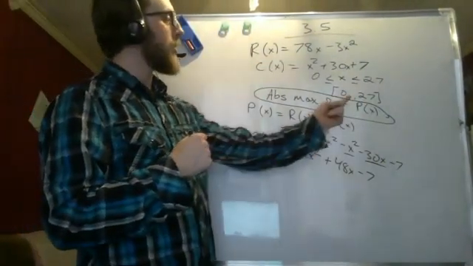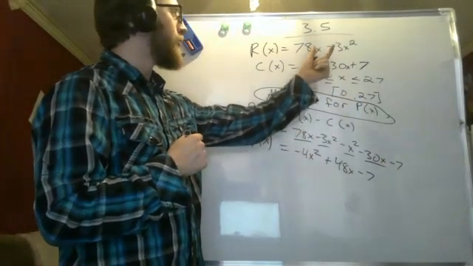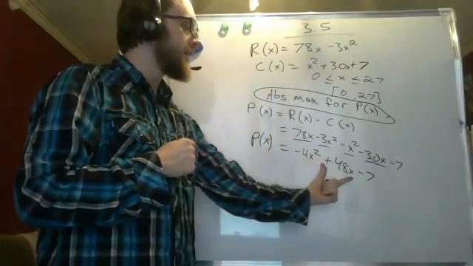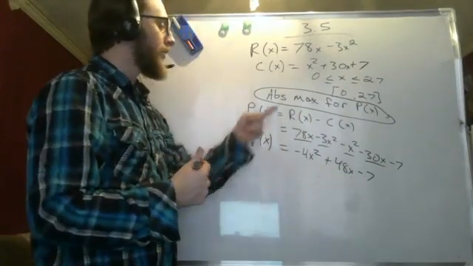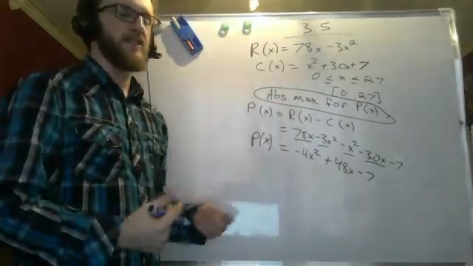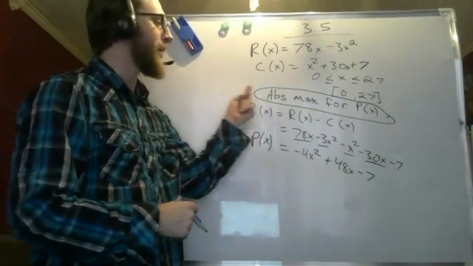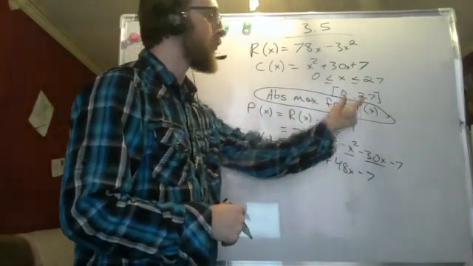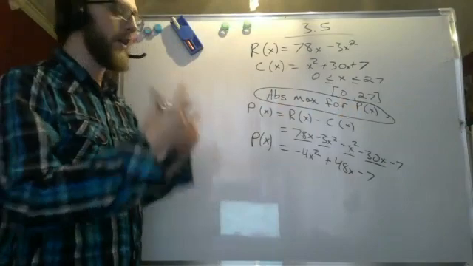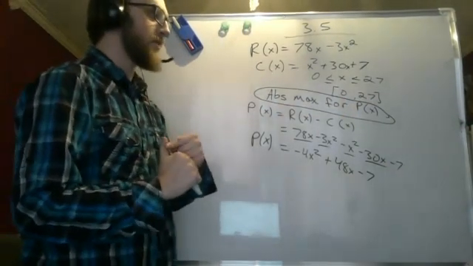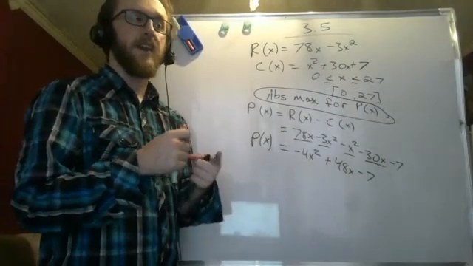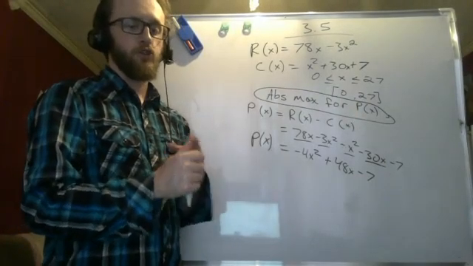Now, because we're on a bounded domain for a continuous function, we know the absolute maximum must exist. There must be some value of x that's going to maximize the profit over this interval. Okay, great. So what do we do? Well, we need to find our critical points, because those are candidates to be local extrema.